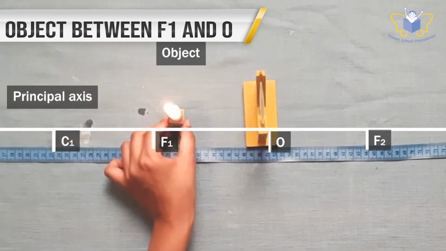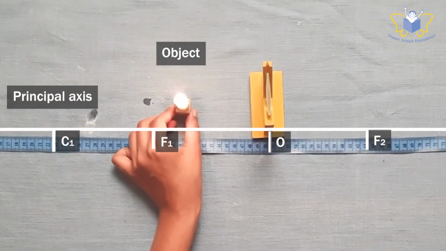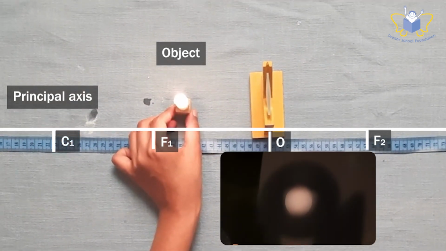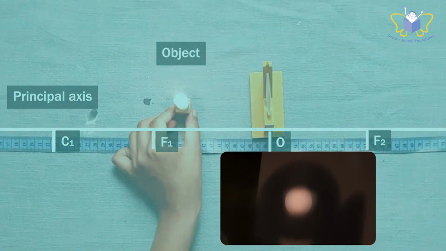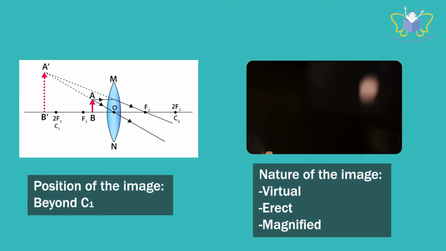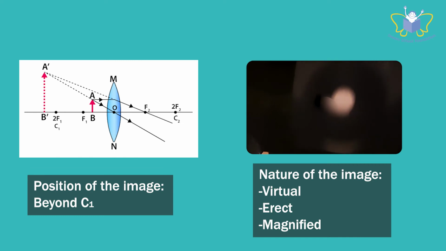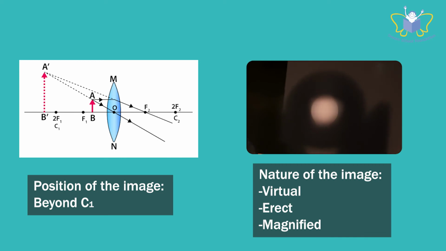When the object is between f1 and O, the refracted rays appear to meet beyond C1. The rays refracted won't meet, but they appear to meet beyond C1. Hence, the image formed is virtual.